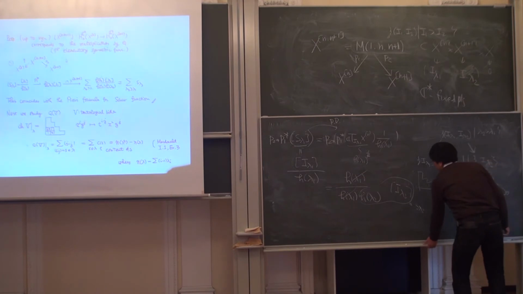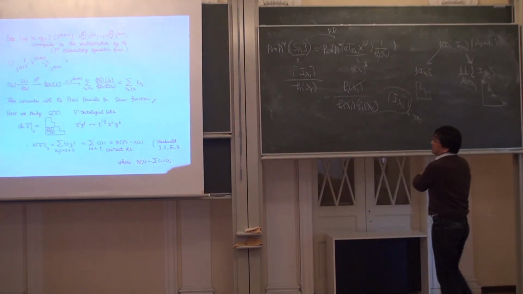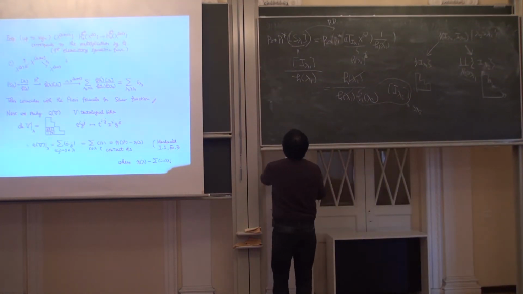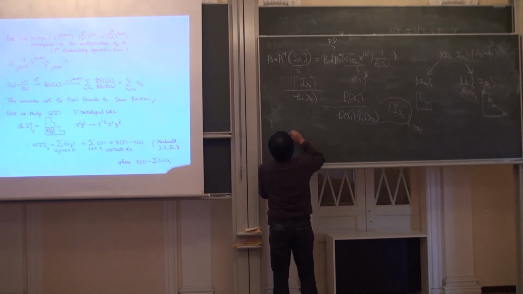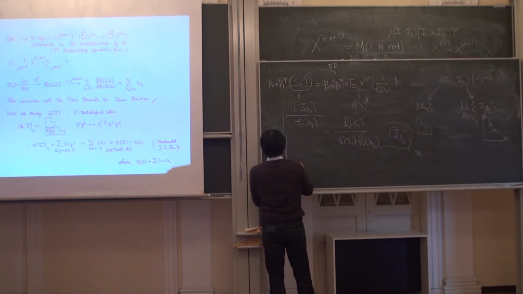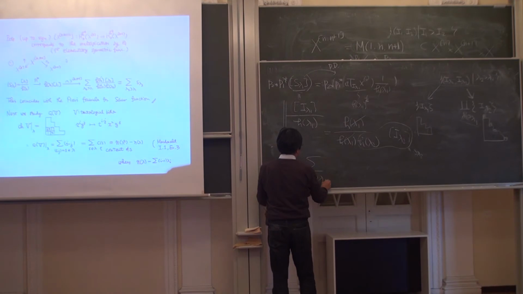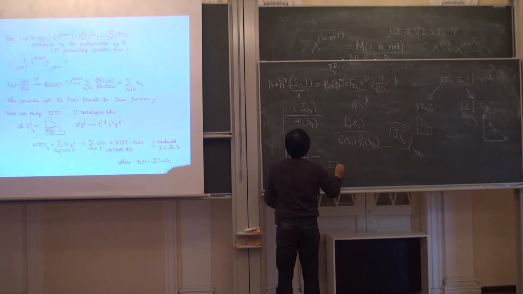So the final formula is this one. So this is equal up to sign to the sum over lambda 2 containing lambda 1 of S of lambda 2.